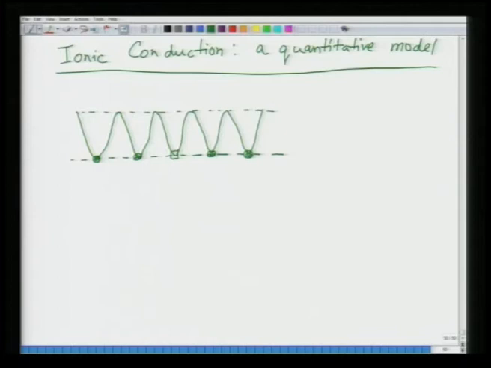So this is a sort of potential energy diagram, and this is the potential energy barrier, delta E_A, you can call it. So this is also like an activation energy.